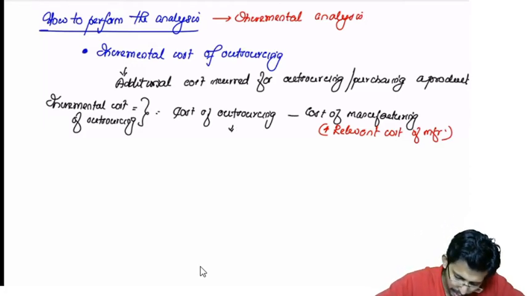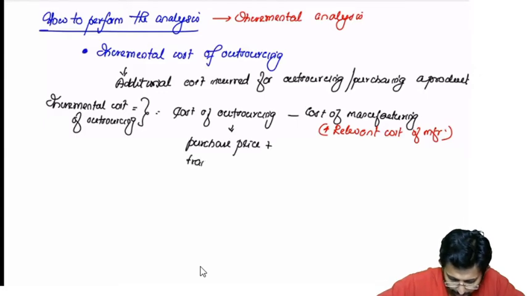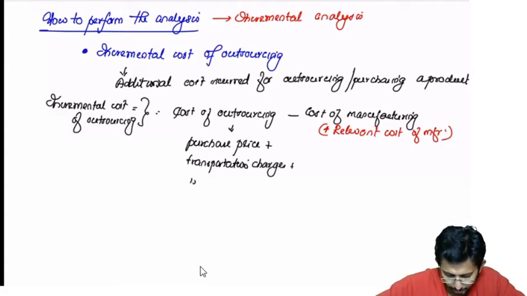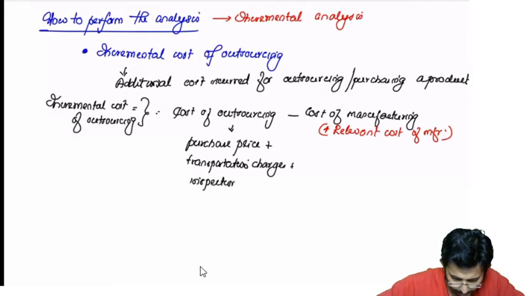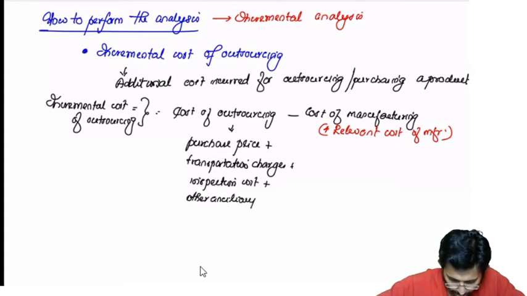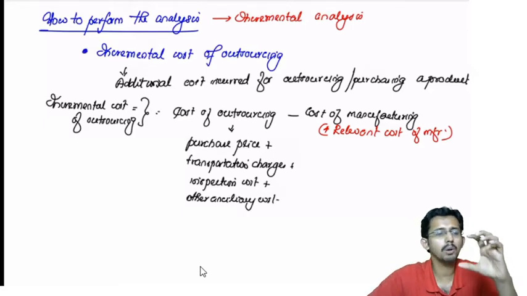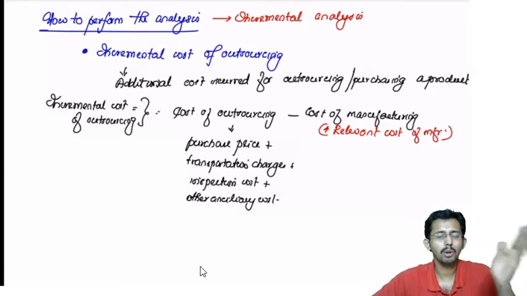Now cost of outsourcing will be what? The purchase price plus you may have transportation charges plus inspection charges plus other ancillary cost. Is it clear? So that is cost of outsourcing. You find out what is the cost of outsourcing the product, you minus the cost of manufacturing.